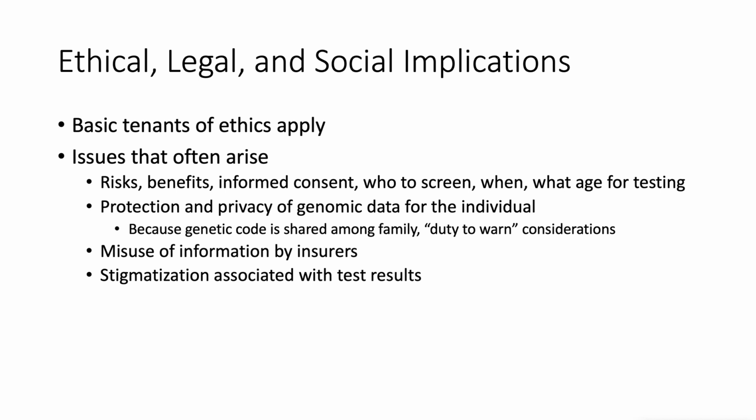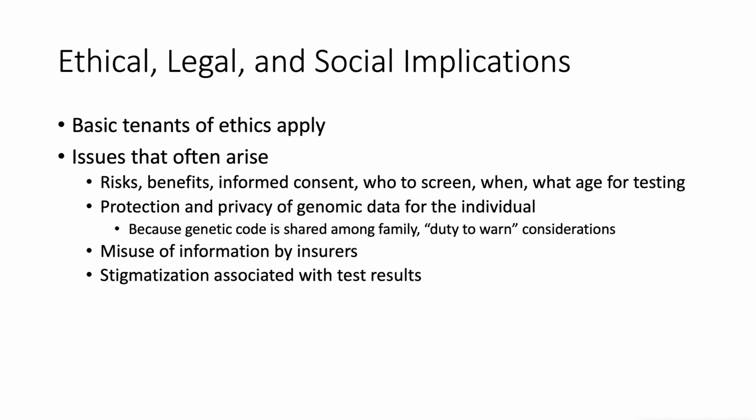Okay. Protection and privacy of genomic data for the individual. Because the genetic code is shared among family members, there may be some duty to warn considerations. But once we do that, then we've got a privacy problem. So as you can see, this is kind of a sticky wicket.